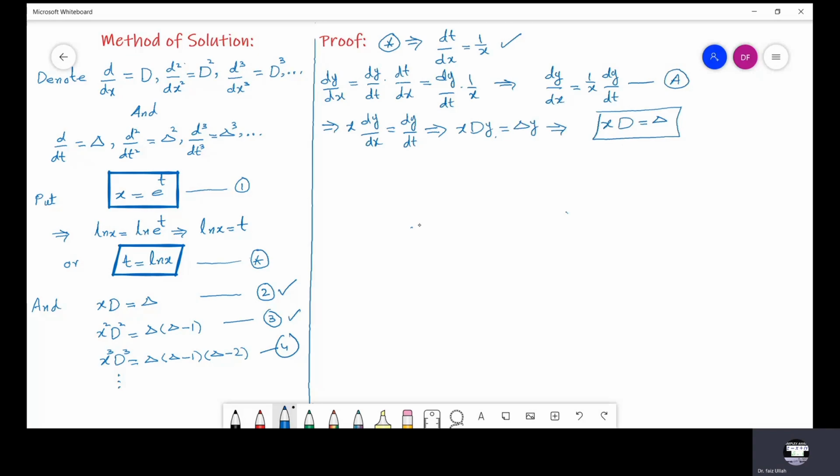Now let us prove result number 3. Again from equation A, differentiating both sides with respect to x, we have d²y/dx², which is equal to d/dx of (1/x)(dy/dt).